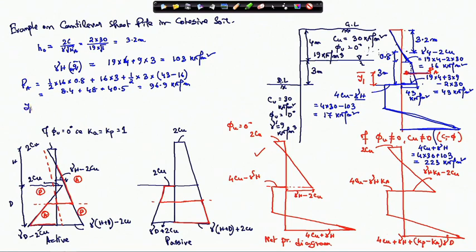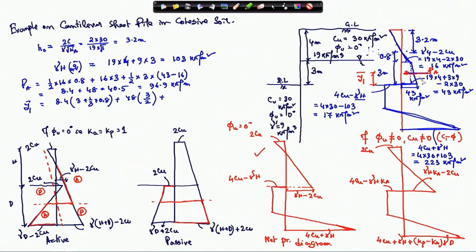And the y1 bar I am calculating from this dredge level. The first upper triangle is 8.4, lever arm is 3 meter plus 1/3 of 0.8. Then the lower rectangle 48, that is 3 divided by 2.